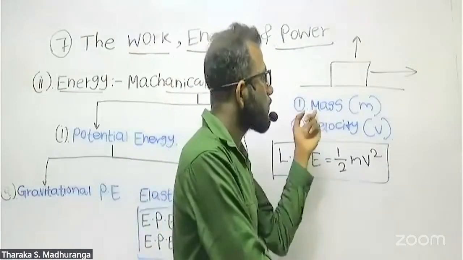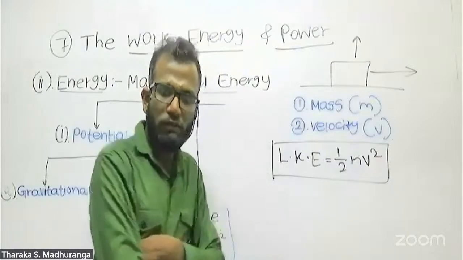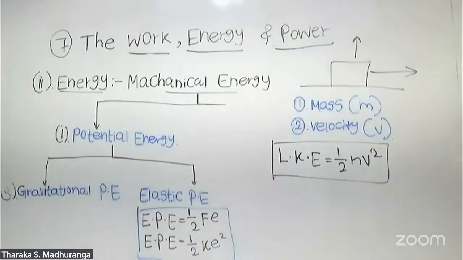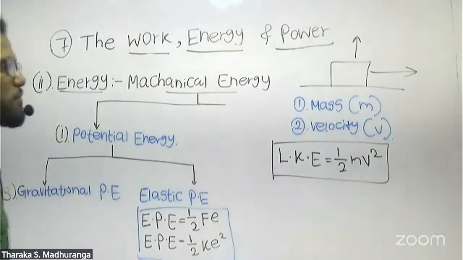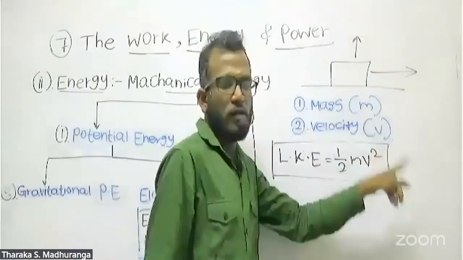Write down the first one, mass of the object. The second one, velocity of the object. Mass of the object, simply m. Velocity of the object, simply v.